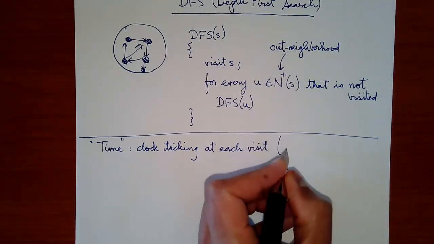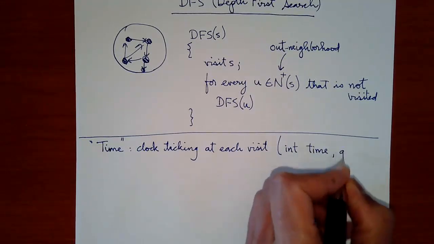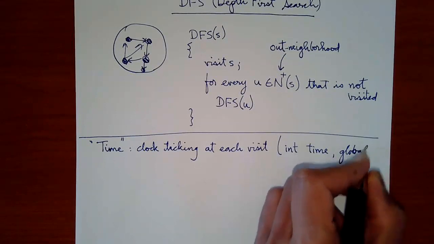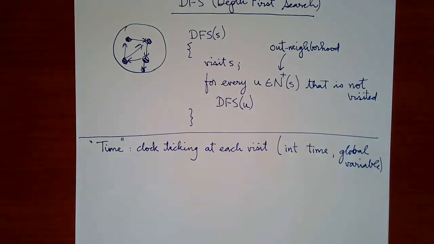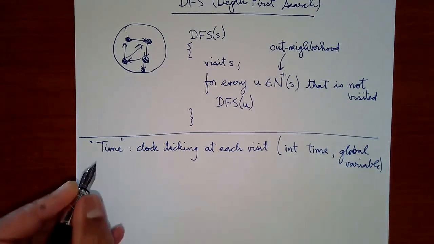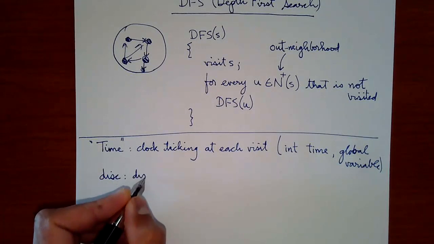So technically we'll think of int time being a global variable. And what we will keep track of are two arrays, one that I will call disc, which is the discovery time.